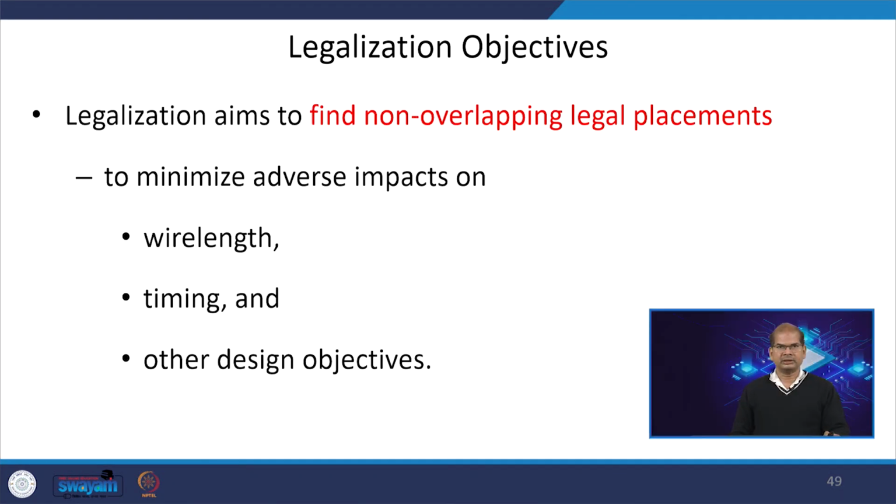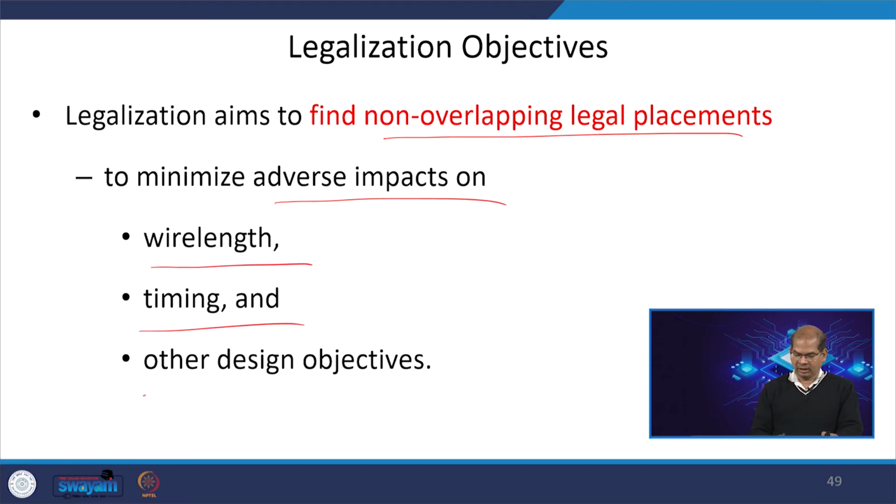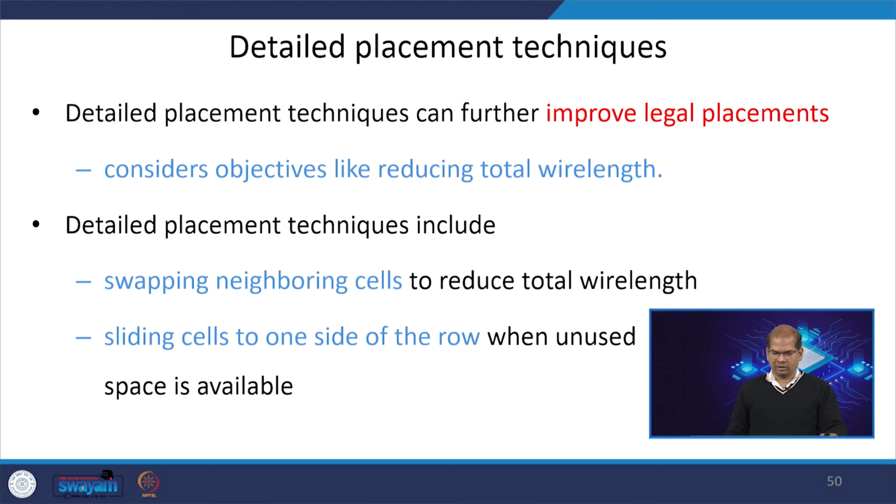So, legalization aims to find non-overlapping legal placements to minimize the adverse impact on wirelength, timing and other design objectives. The detail placement can be further improved with legal placement.